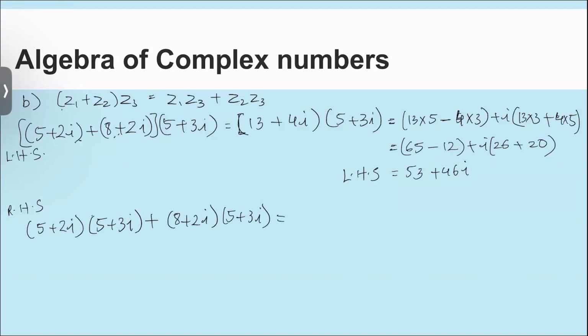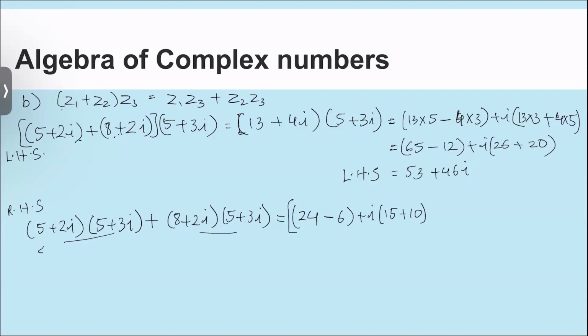Okay. So we solve these two products and find the product of these two complex numbers. Again, A, B, C, D. We get AC, so that is 25, minus BD, so that is minus 6, plus i times (AD, that is 15, plus BC, plus 10).